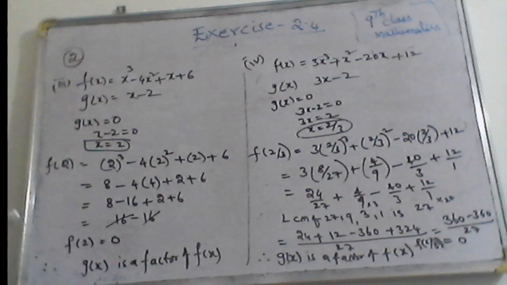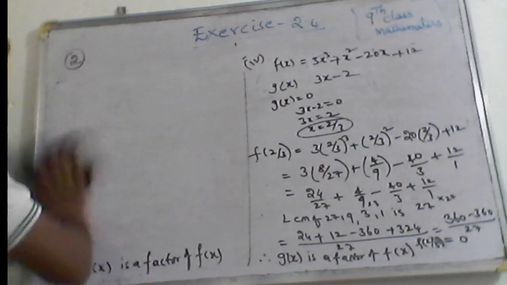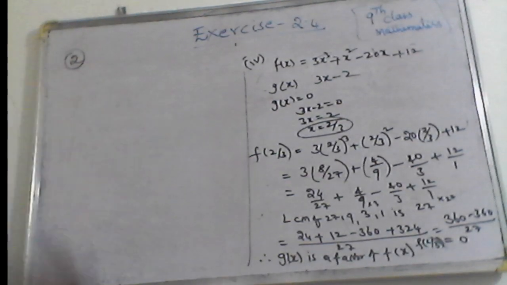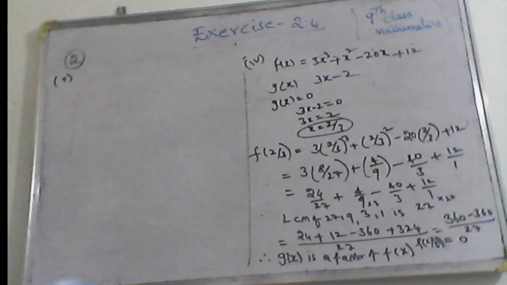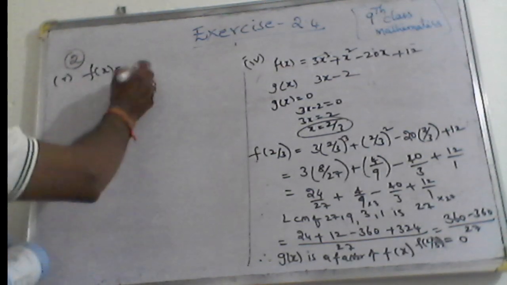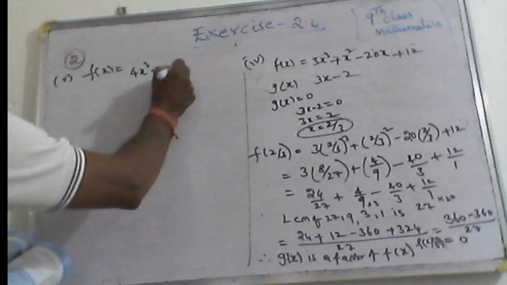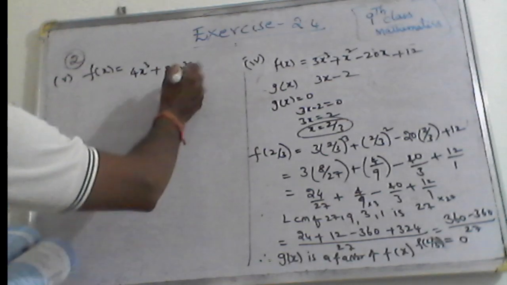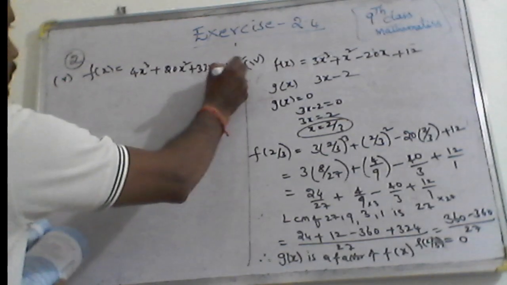Next one, question number 5. f of x equal to 4x cube plus 20x square plus 33x plus 18.